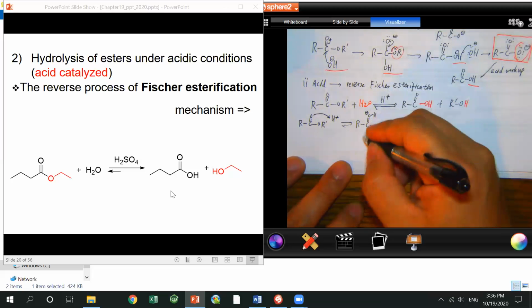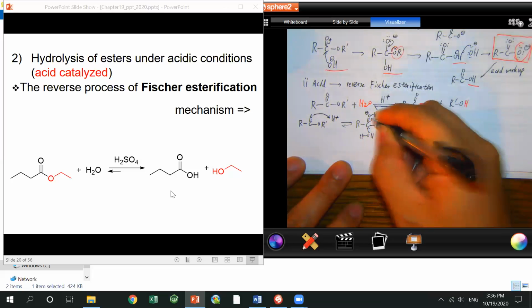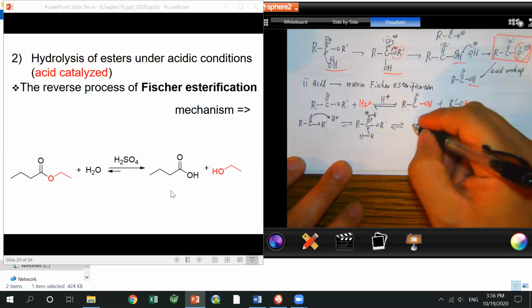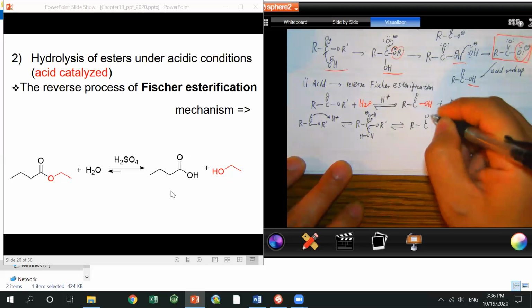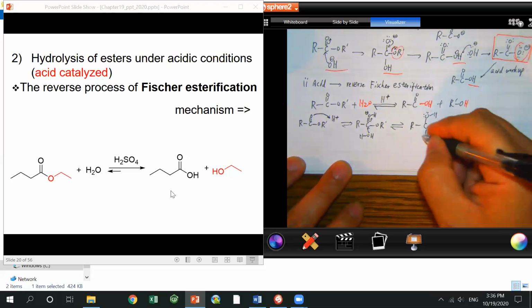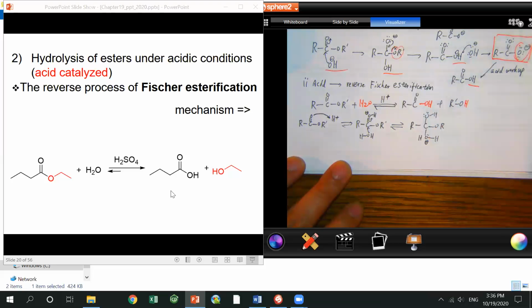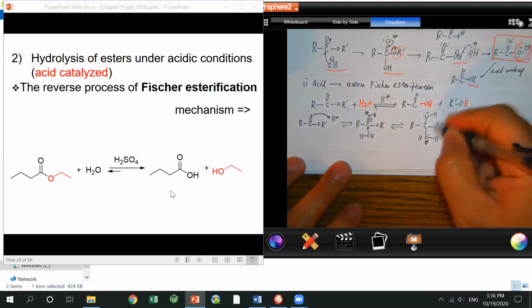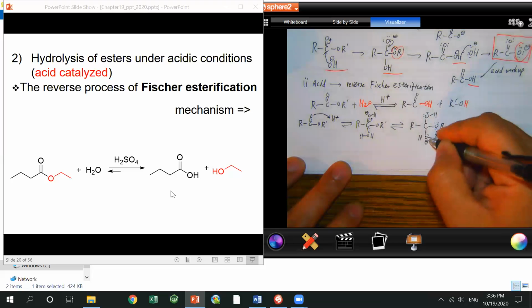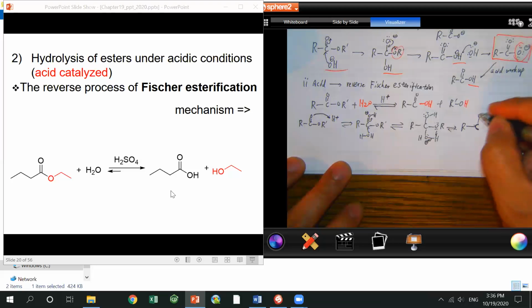Right, and then now the water comes in and opens the C=O bond, and you get a tetrahedral intermediate. Then there's an intramolecular proton transfer: this OR picks up a proton from the water and becomes a better leaving group, the alcohol.